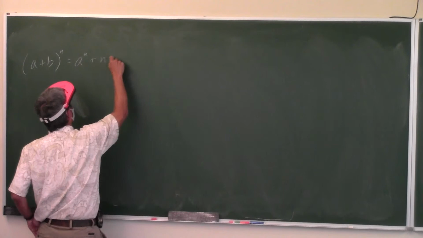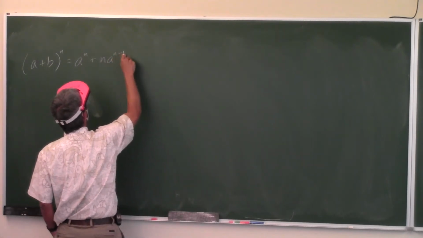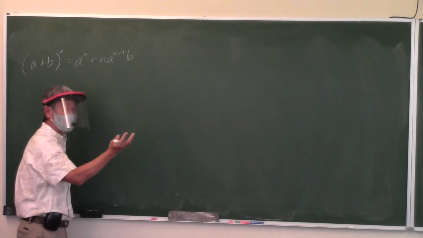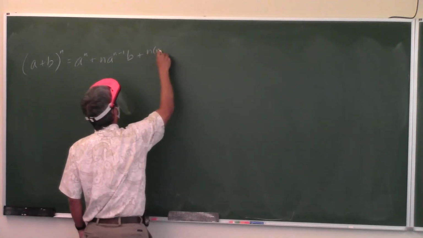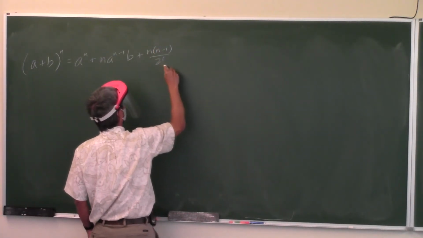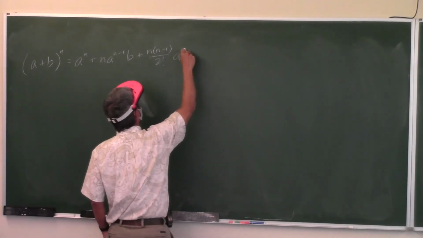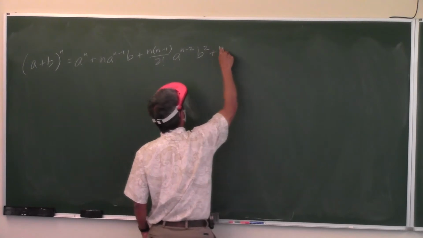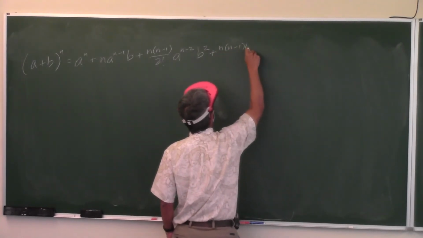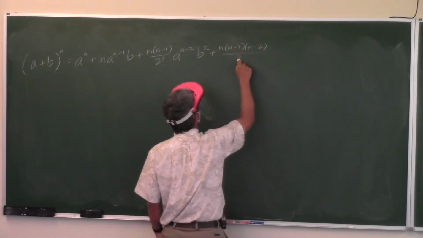Plus n. The power of a goes down by 1. The power of b goes up by 1, just like in the first one. Then n minus 1 over 2 factorial. The power of a goes down by 1, the power of b goes up by 1. n minus 1, n minus 2 over 3 factorial.